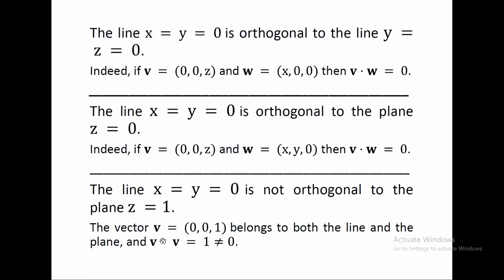If you take the dot product of them, they will not be orthogonal to each other. The vector v equal to 0, 0, 1 belongs to both the line and the plane. v dot v is equal to 1, which is not equal to 0.